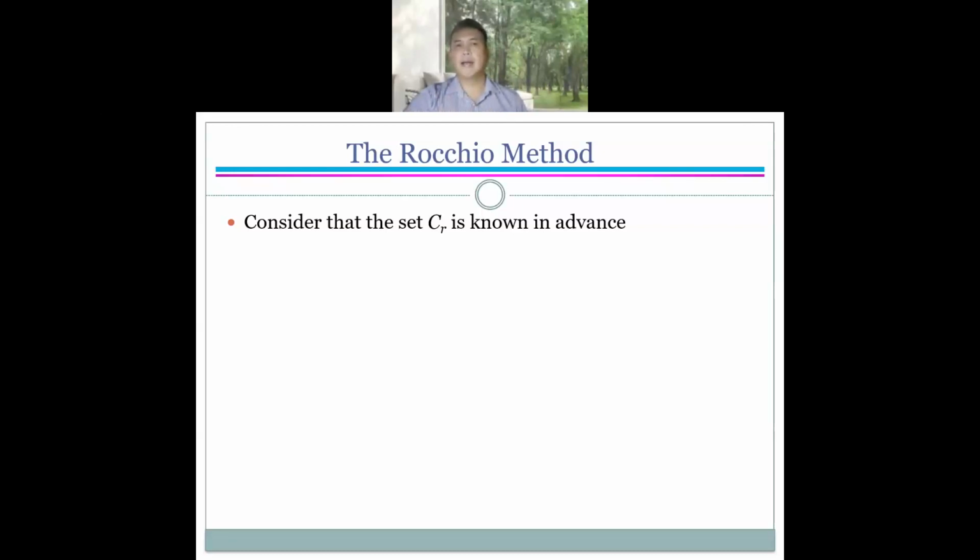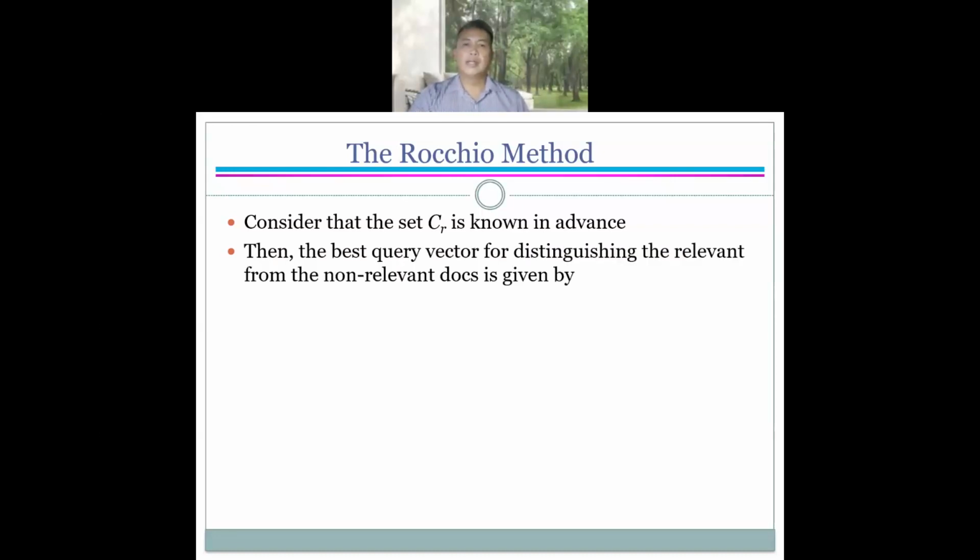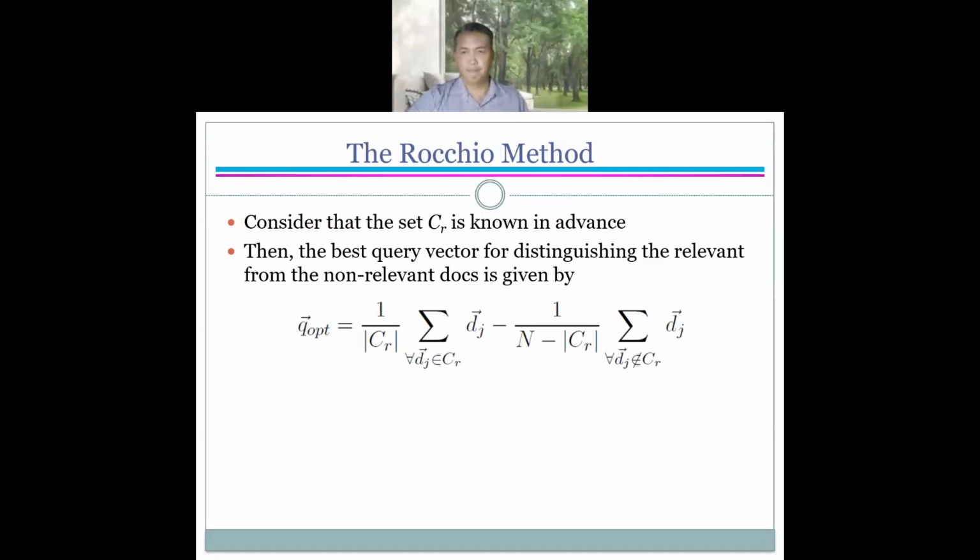Let's assume that we know the content of this, or the list of documents that we have in relevant documents. And then the best query vector for distinguishing the relevant from the non-relevant documents is given by this. Looks familiar, huh?